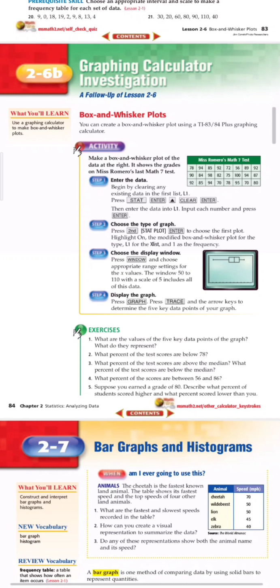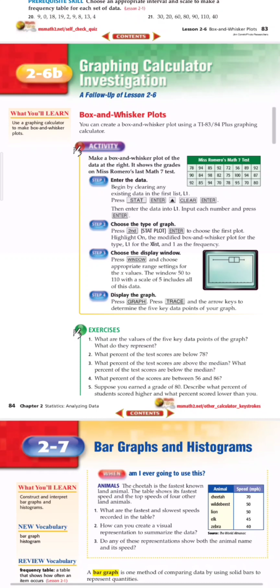Step 1. Enter the data. Begin by clearing any existing data in the first list, L1: press stat, enter, clear, enter. Then enter the data into L1, inputting each number and pressing enter. Step 2.